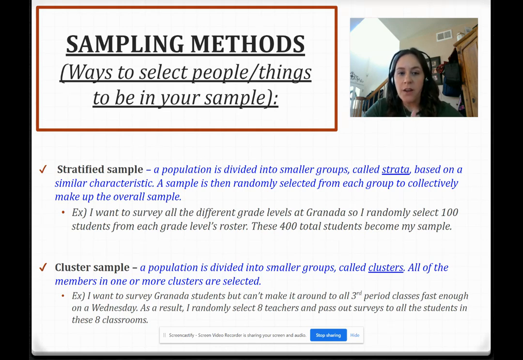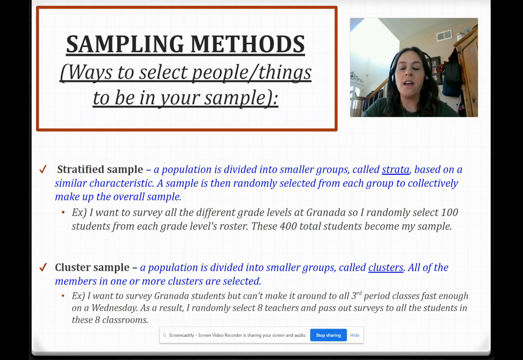So stratified random sampling and cluster both break up the population you're trying to learn about into smaller groups based on some type of characteristic. It could be grade level, it could be classroom. Stratified, however, then goes into every single one of those groups and randomly picks out maybe like 5 or 10 of them. Collectively, all of those students now become your sample.